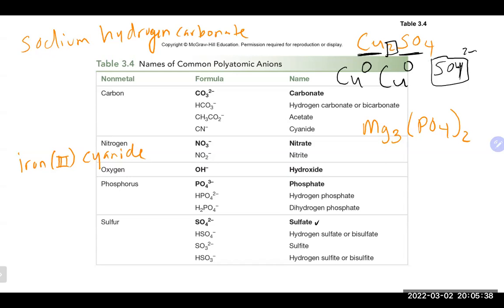That means in this particular case, each copper should be +1 to balance it out, right? +1 gives us +2 to balance out the -2 charge that we see on the sulfate. At this point, we would go with copper, Roman numeral 1 because of the charge. And again, the sulfate here, we would just use the whole name, and it would be copper 1 sulfate. Question on that one there?